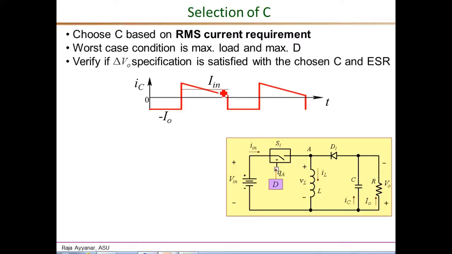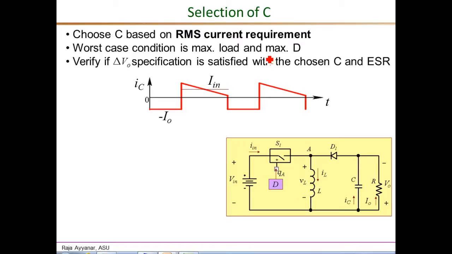This slide summarizes all the parameters required for the capacitor selection. Essentially we will be selecting the C based on the RMS current requirement as discussed in the previous slide, and in the expression we should use the maximum load current value as well as the maximum D to obtain the worst case RMS current.